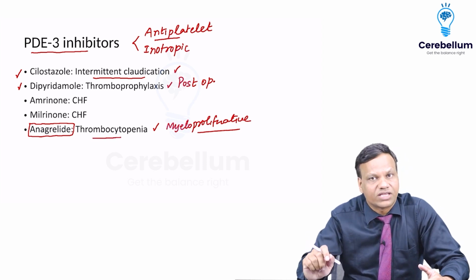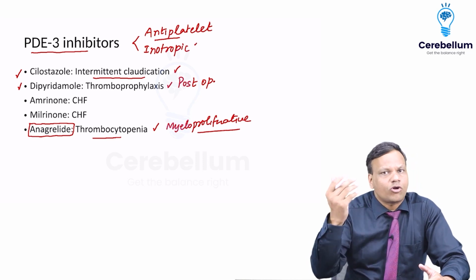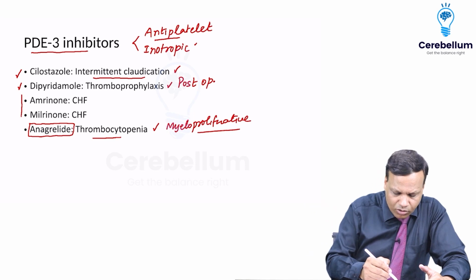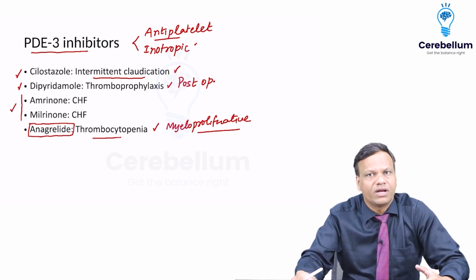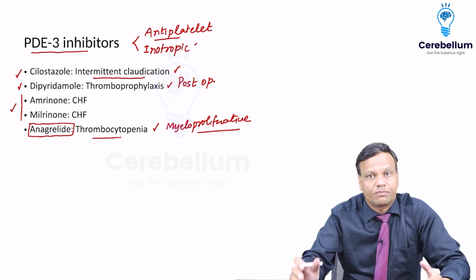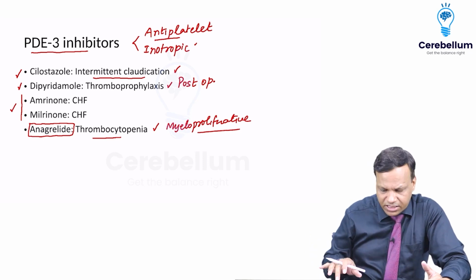Then coming to the second, inotropic action. We want inotropic action in decompensated heart failure, and the drugs used are amrinone and milrinone. They are phosphodiesterase 3 inhibitors used in congestive heart failure, particularly decompensated heart failure. So that is phosphodiesterase 3 inhibitors.